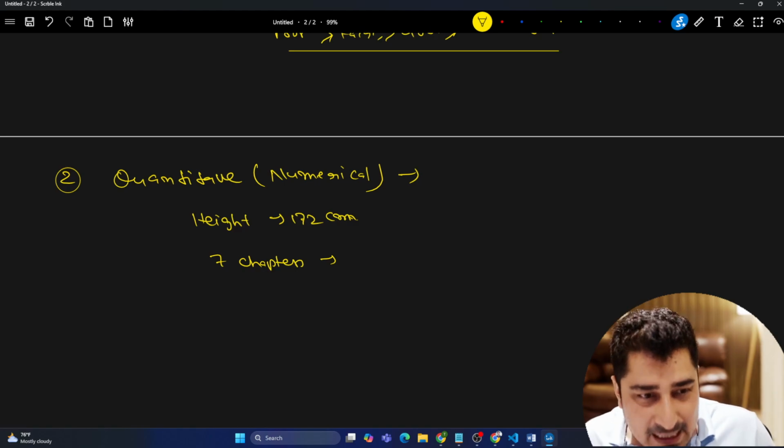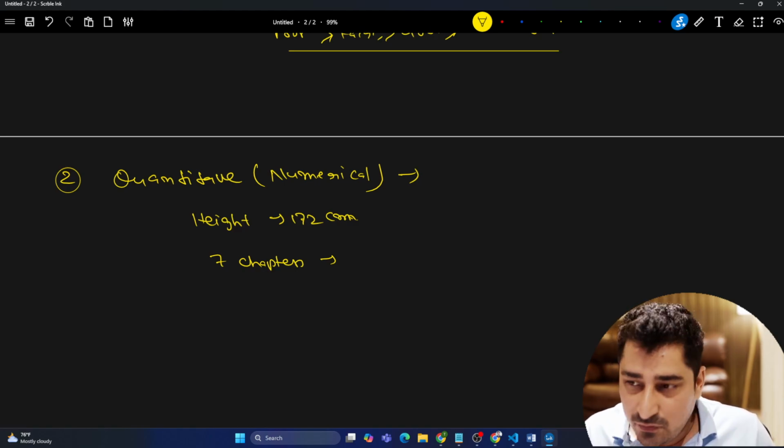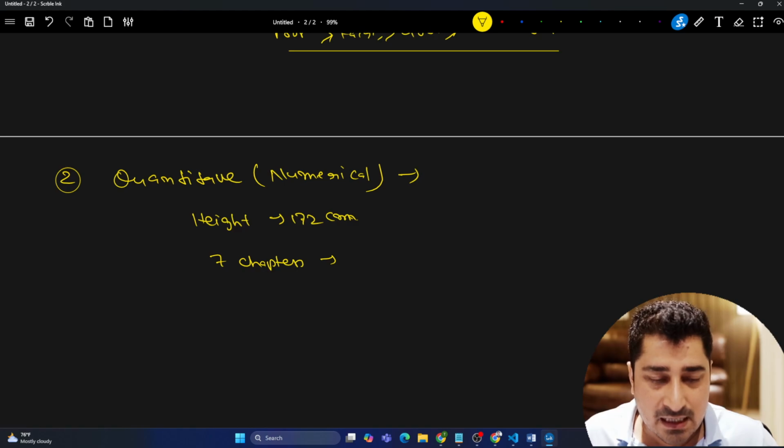Now, inside that quantitative data, you will be able to divide a complete data set into multiple categories.